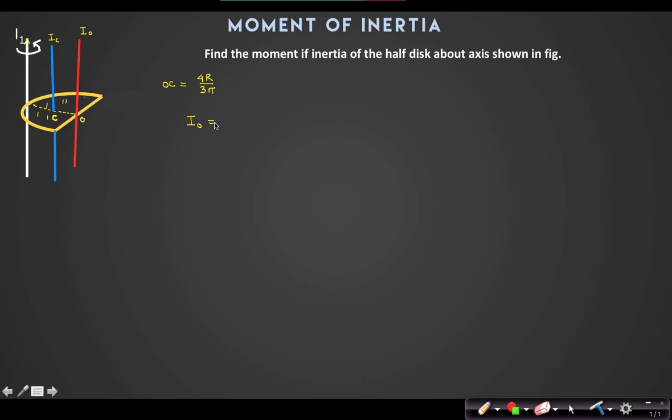IO is equal to IC plus m into 4r by 3 pi whole square. I can use this equation or not? And what is IO? It is mr square by 2.